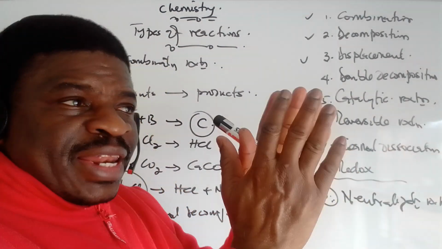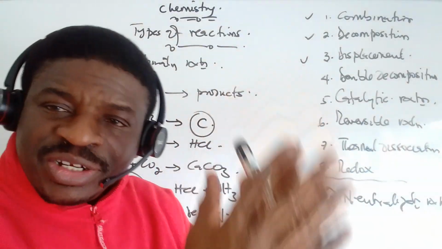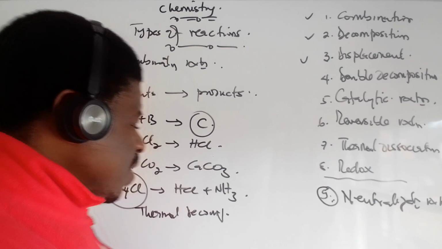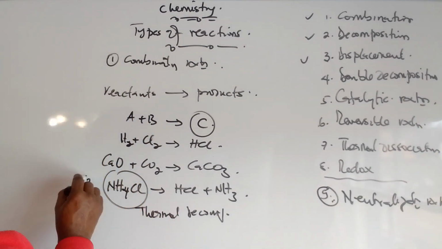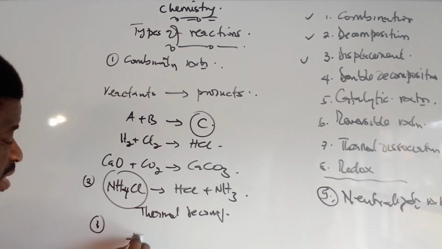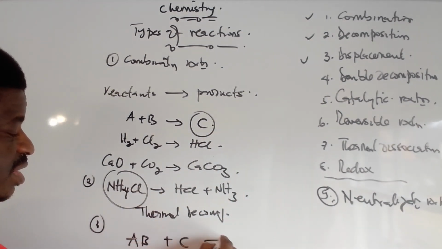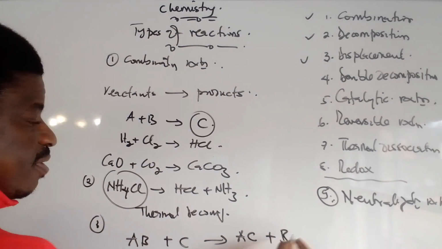Like the one that is more electropositive will displace the other, and the one that is more electronegative will also displace. Then number 3, we are talking about displacement: AB reacting with C to give you AC plus B.